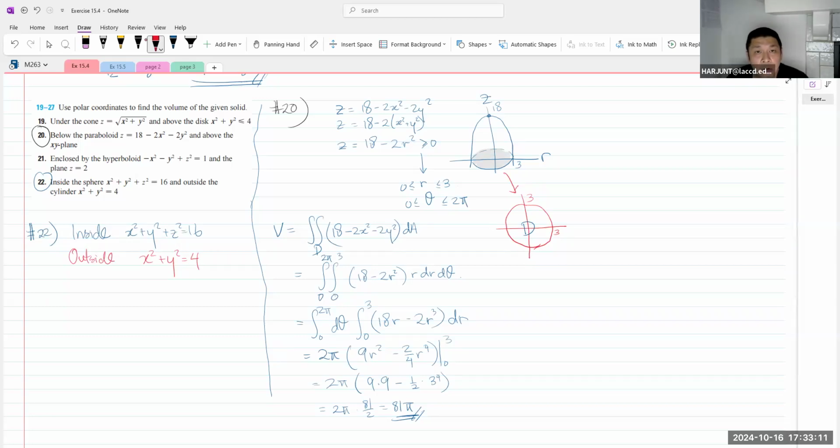If I try to graph this, visualize this, then in polar, inside will be r squared plus z squared equals 16, and then the outside is r squared equals 4.